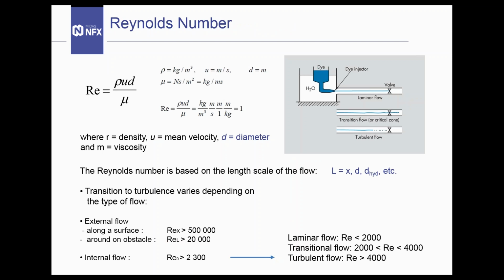refers to the Reynolds number. That's basically the dimensionless parameter which characterizes this type of flow.